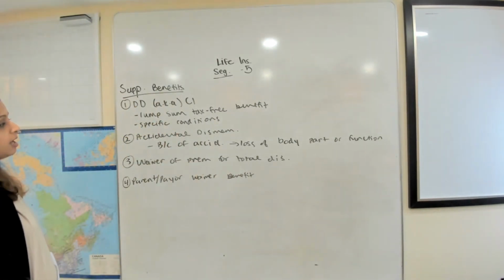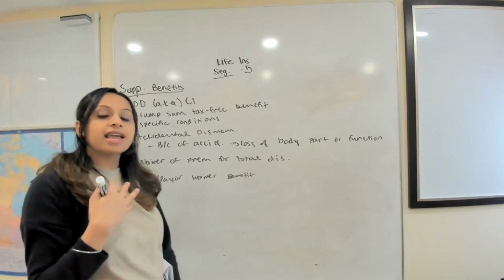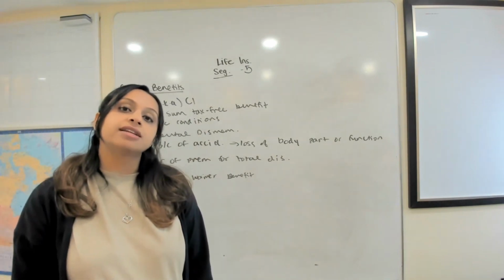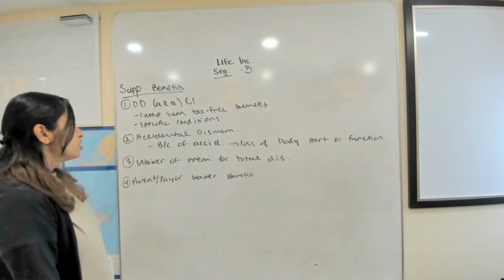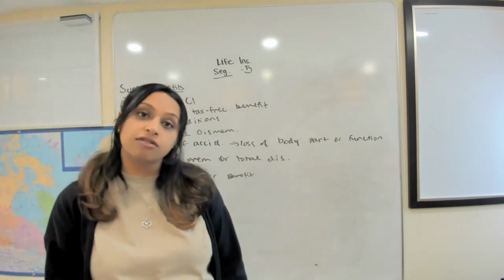All right. The next supplementary benefit that we're looking at is accidental dismemberment. So just like accidental death was the rider, accidental dismemberment is the benefit that can be added on. So again, because of an accident, somebody loses a body part or the function of a body part.